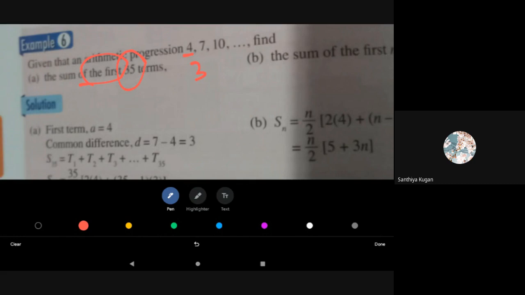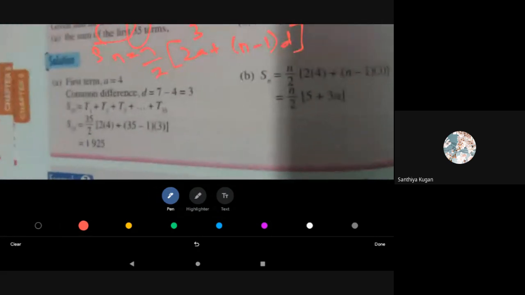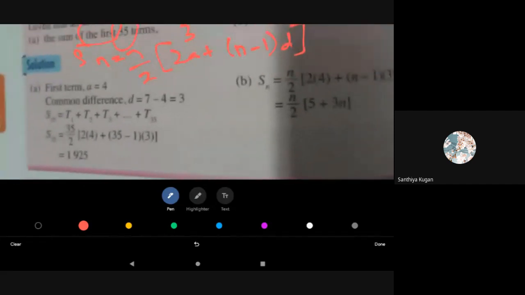So we can use the formula Sn equals n over 2 times 2a plus n minus 1 times d. So we will substitute all the values. n is 35.